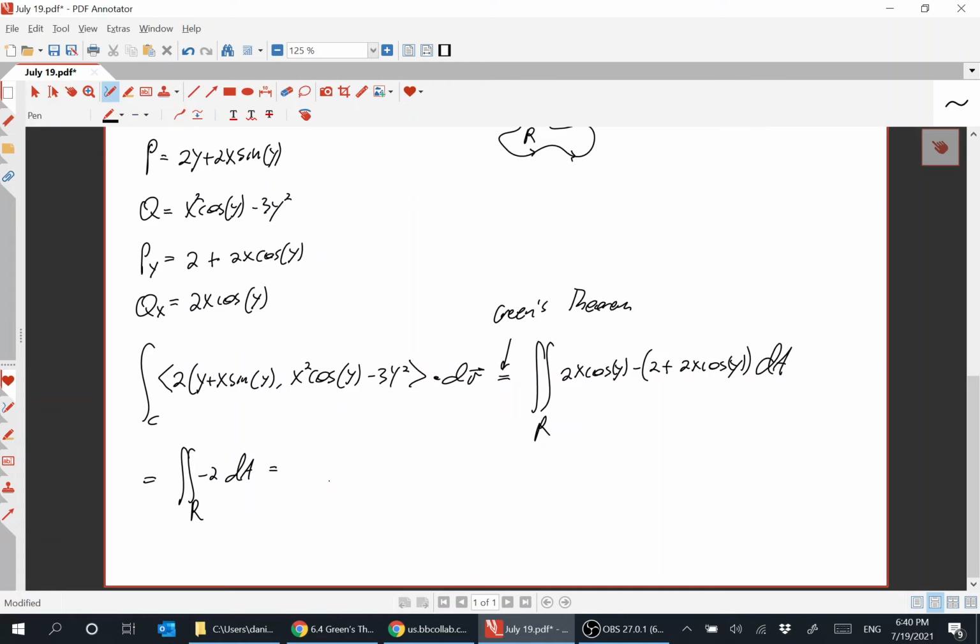Right? So this integral is what? Now, you don't actually have to set up the iterated integral type 1 or type 2, because since that's a constant, this double integral is equal to what? Well, conceptually, before you actually get the actual answer, what is it?